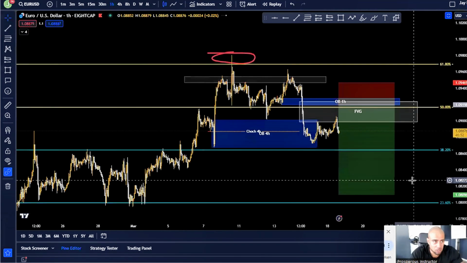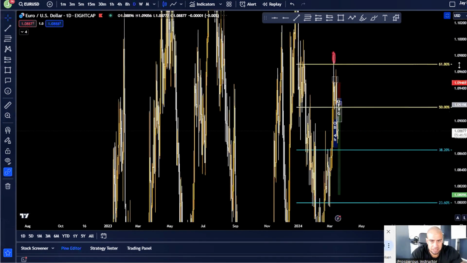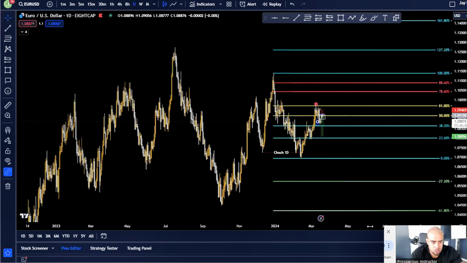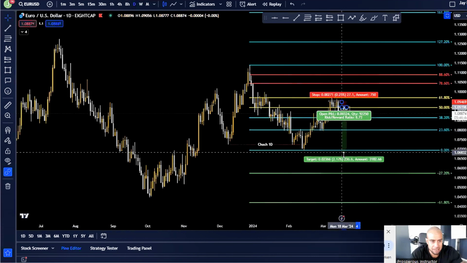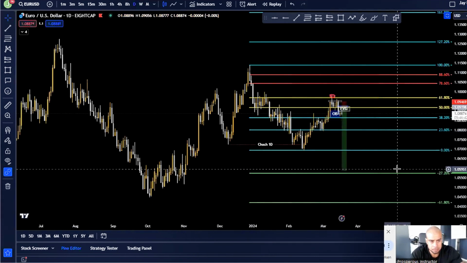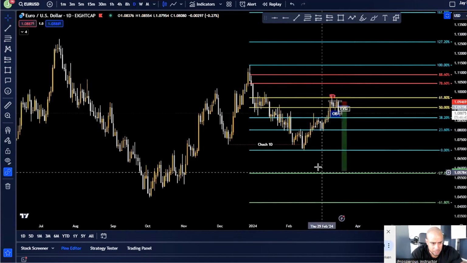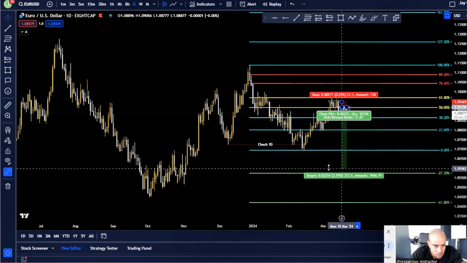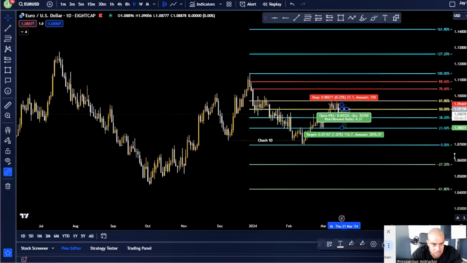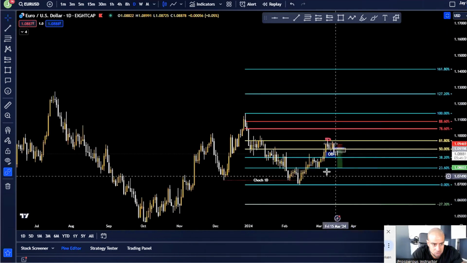Take profits, we will be looking at them, but I can tell you this market has a lot of room to go. You can actually even target this down here at 27.2, 333 pips, but we're probably not going to be that risky. We're probably going to target something along the line of these order blocks here.